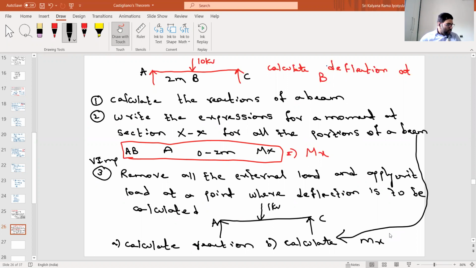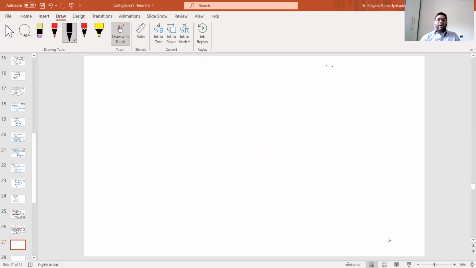And then what will that give for us? That will give the final expression, so we have Mx and we have small mx. Therefore, deflection at B is equal to integral 0 to L of Mx m x by EI into dx.